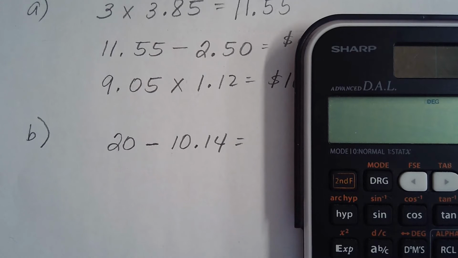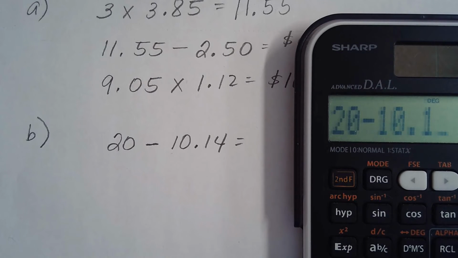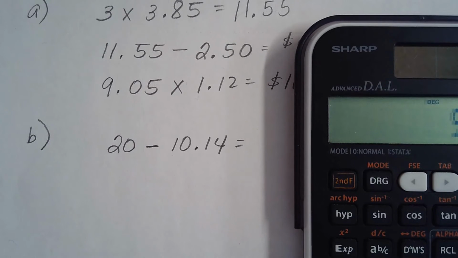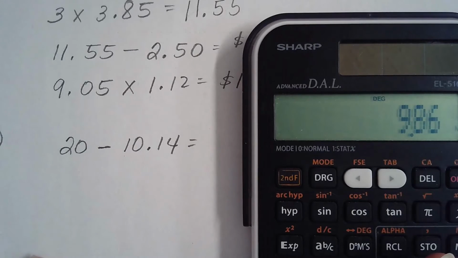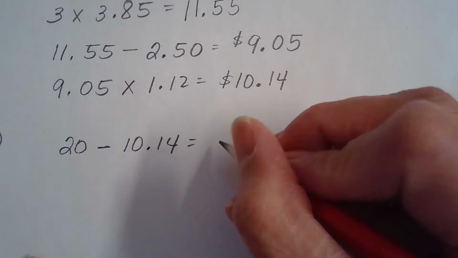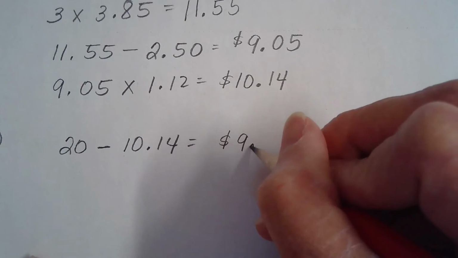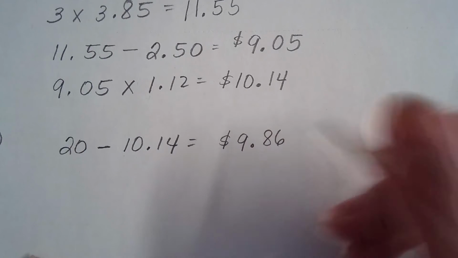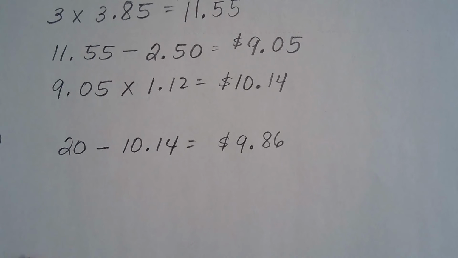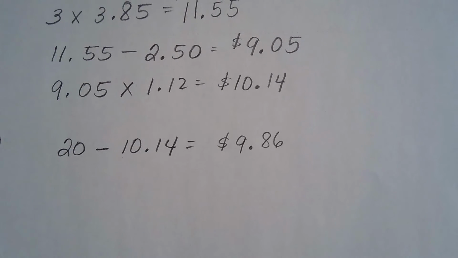So $20 minus $10.14, $9.86. Okay, so far so good. So that's money management with some discounts.